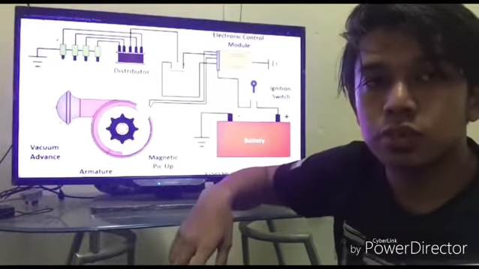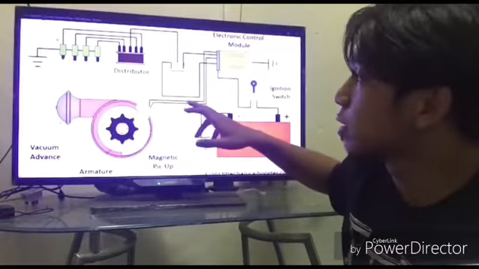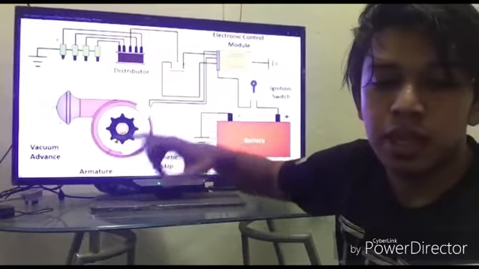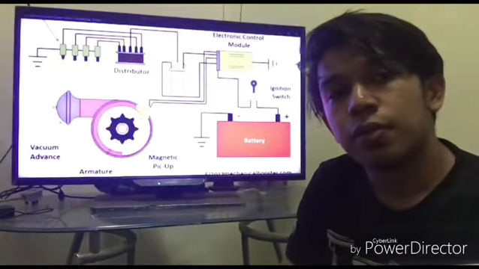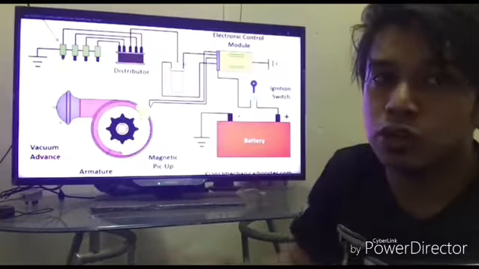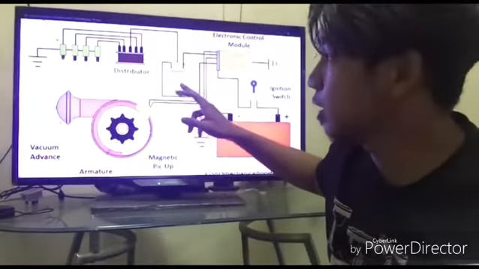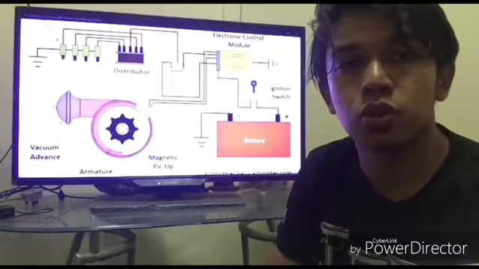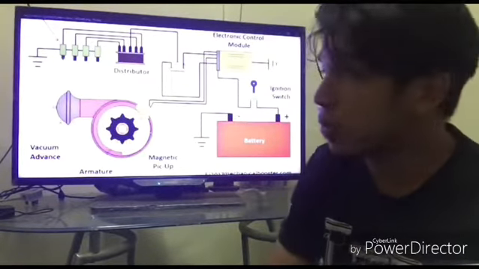Due to the continuous make and break of the current, a magnetic field is produced in the ignition coil, and then when the magnetic field is produced, EMF is induced in the secondary coil in the ignition coil, causing the voltage to increase to 50,000 volts.